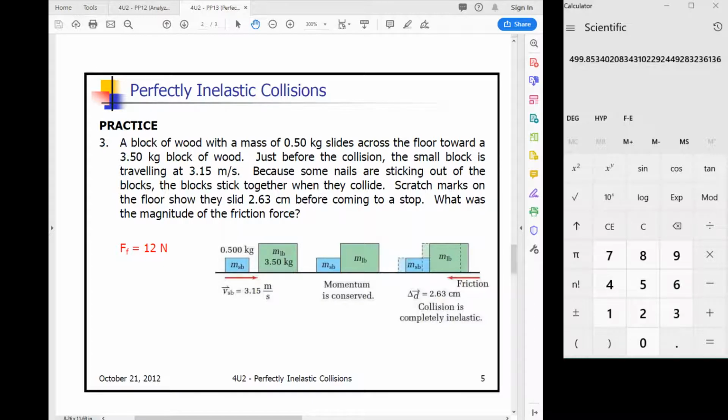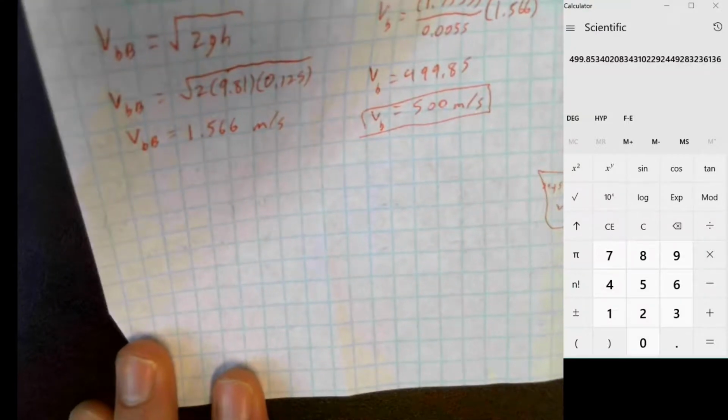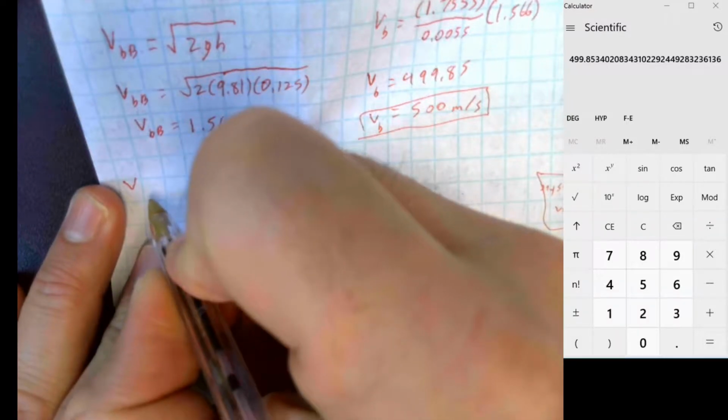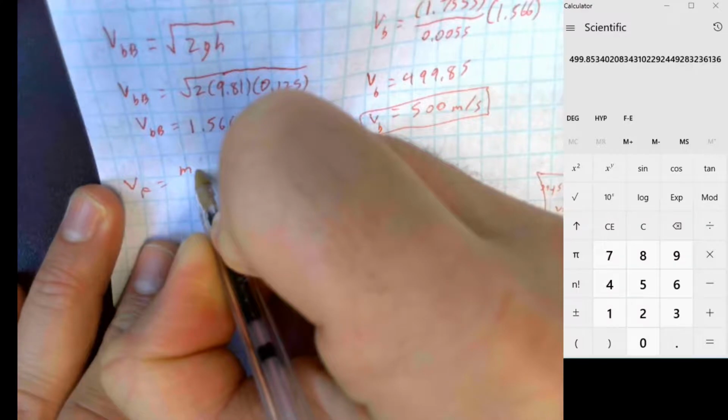So our strategy here is we're going to find out what the velocity of these two is when they combine together. So the first thing we need to find in this question is the VF, which is MS VS plus MB VB over MS plus MB.